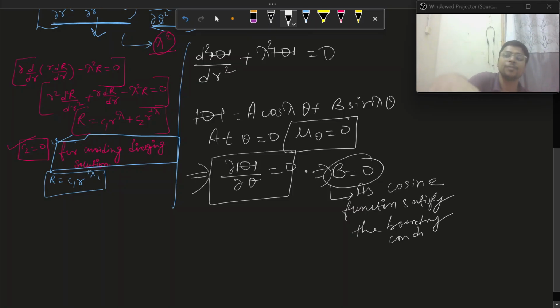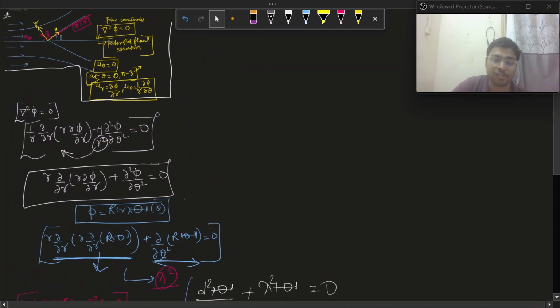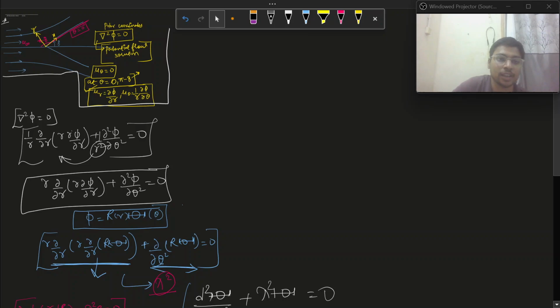So as we put b is equal to 0, we get the cosine function, and this will satisfy the boundary condition we take here, u theta is equal to 0 at theta is equal to 0 and pi minus beta.